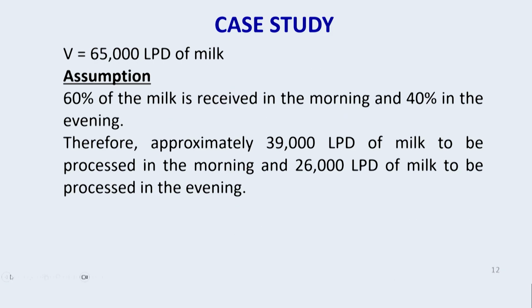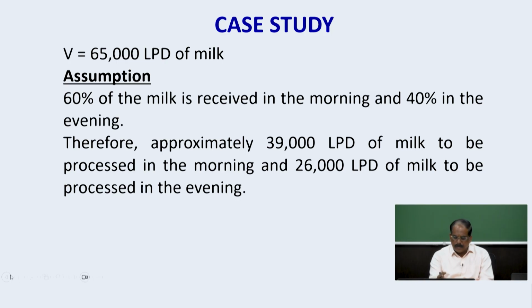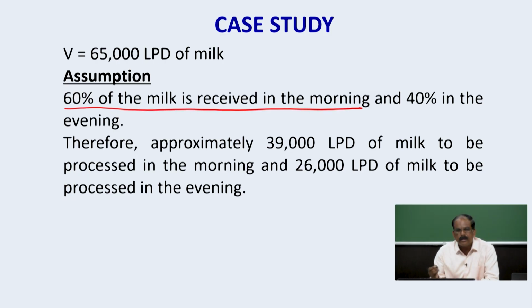In the application of refrigeration, when I was discussing the application in dairy, I mentioned that the supply of milk, that is the demand for milk, is more in the morning than in the evening. Even in this case study, 60% of the milk is received in the morning, whereas the remaining 40% in the evening.